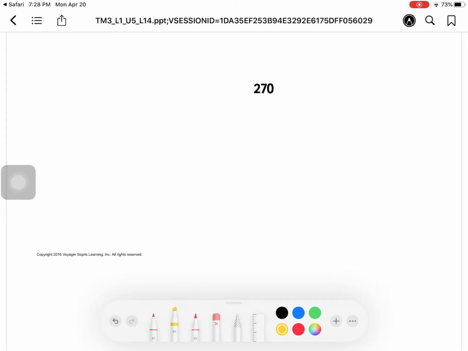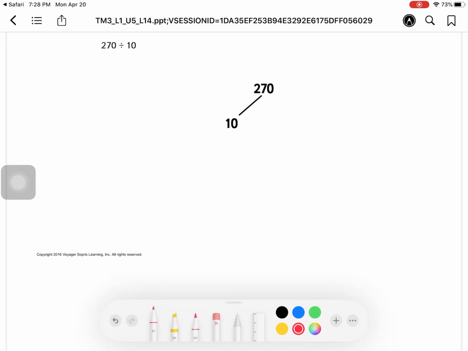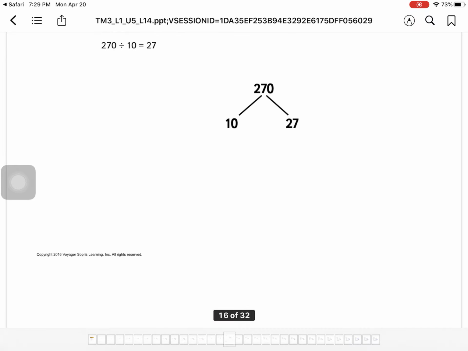Using my knowledge of divisibility rules, I know that 270 can be easily divisible by something because it ends in a 0. Well, I know that it can be divided by 10. And I know 10 times 27 is going to be 270.